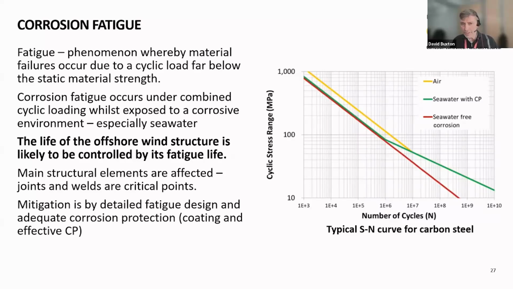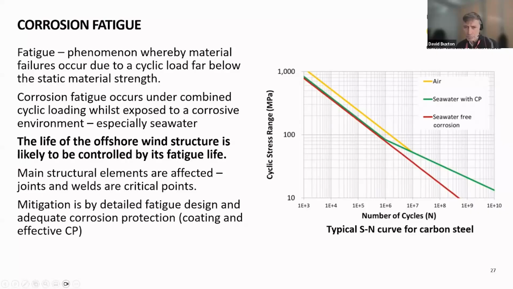It's likely to be the fatigue life that causes the structure to be decommissioned, and fatigue, of course, is the phenomenon whereby a material can crack due to repeated cyclic load, but at a very low level, far below the material strength. But in aggressive environments, you add in the aspect of corrosion, and you can enhance fatigue damage. So corrosion fatigue is the combination of fatigue in a corrosive environment, especially seawater.